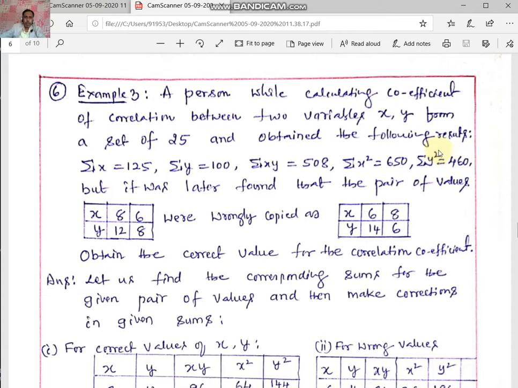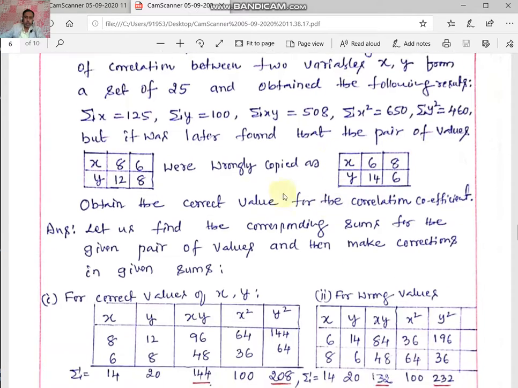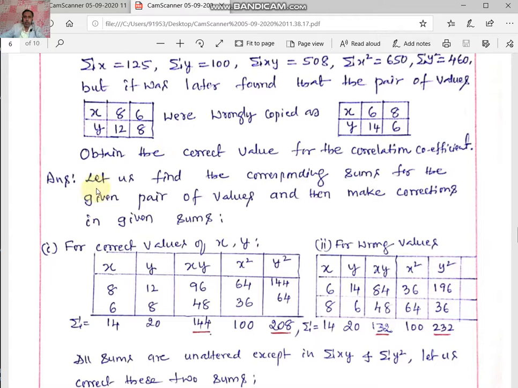So here the xy values are not given separately, only their corresponding sums have been given, and it is also told that there is a wrong calculation. You have to correct it and then find the correct value for the correlation coefficient. Let us find the corresponding sums for the given pair of values and then make corrections in the given sums.